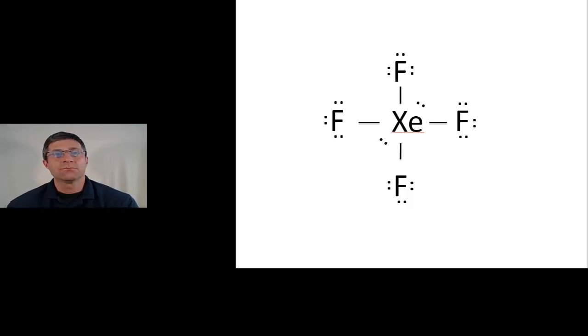However, notice it has more than 8 electrons in its outermost shell, and this can happen, and this happened in the case of xenon tetrafluoride. Obviously, some electrons from lower energy levels are participating in some of the bonding, and this allows xenon to have a Lewis structure that looks like this. So you don't have to have a complete octet in a Lewis structure, but you will get to the right structure by following the strategy that's been laid out.